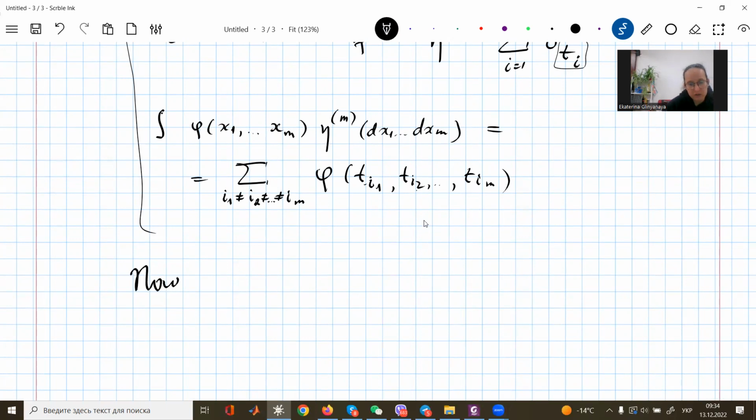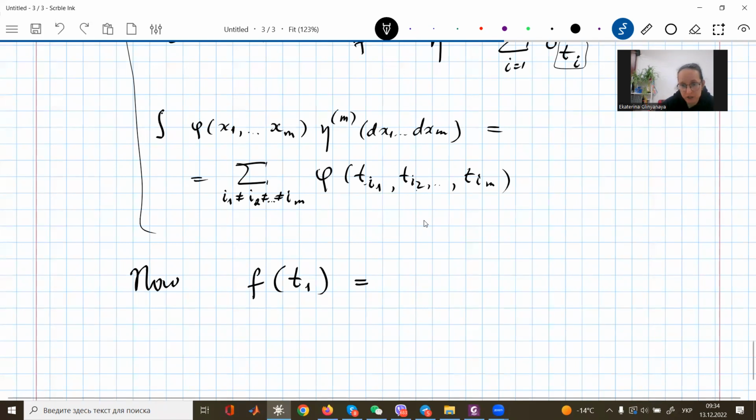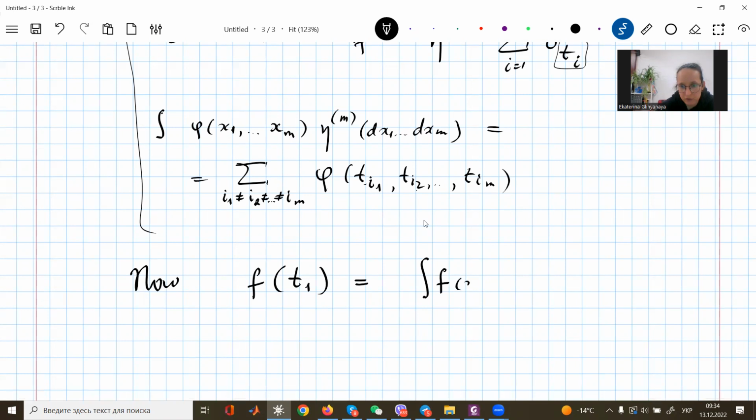So using this information, how can I represent, let us start from f of t1. I would like to present it in the form of the integral. So I write the integral of x dx. Here I will add something.